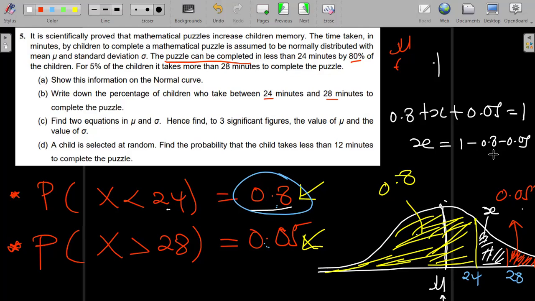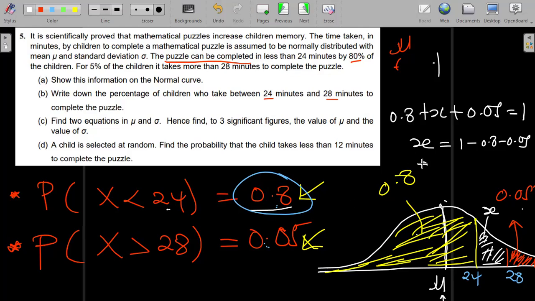Okay, so now let's calculate that on the calculator. We have 1 minus 0.8 minus 0.05.